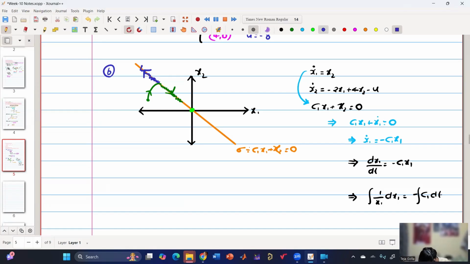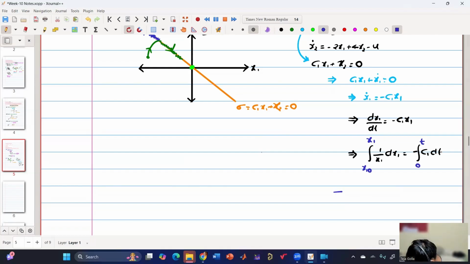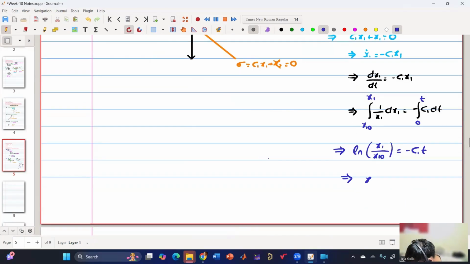So I'm doing from 0 to t. At 0 I'm calling it x1 naught, and then it is reaching x1. So now I will get ln of x1 by x1 0, which is the initial condition, is minus C1 into t. So from this I will get x1 is nothing but x1 0 into e to the power minus C1 t.